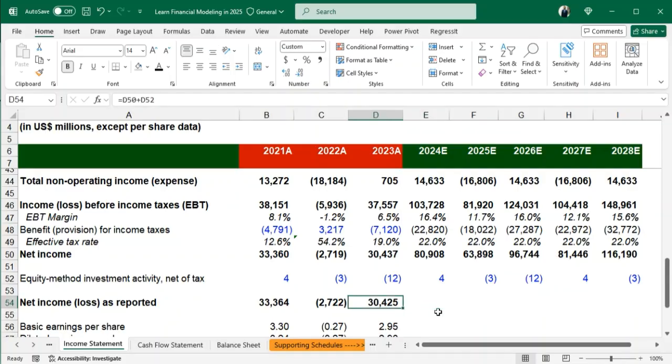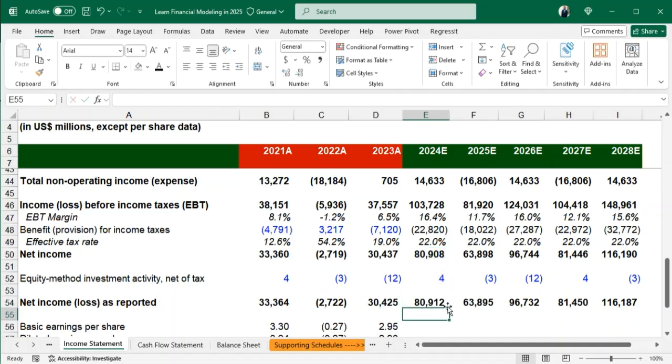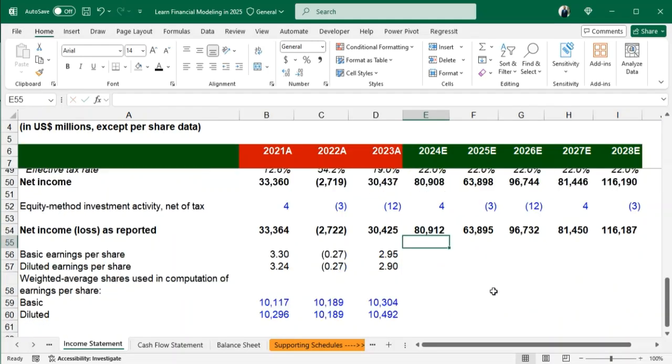So let's copy the net income or loss as reported to the right using Control R. All right, so let's see if our formula is working properly. That is working properly. And then we can also calculate our earnings per share here. For the earnings per share, we are going to assume that the last year's weighted average shares used in the computation of earnings is going to remain the same.